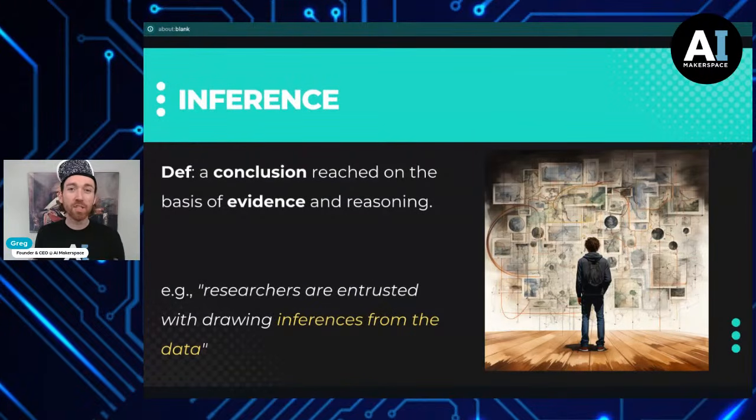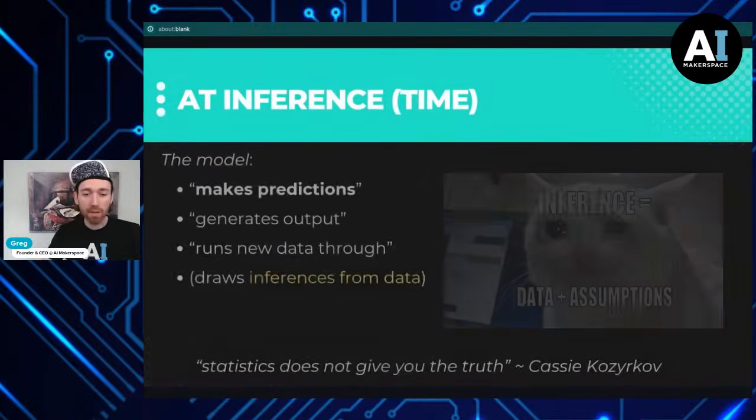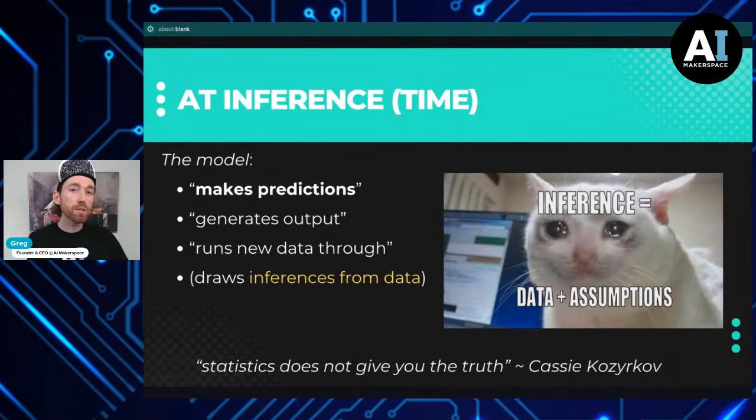This is useful because when we perform inference on a large language model, we're making predictions, we're generating outputs, we're taking new data that we haven't trained the model on, running it through, and as a result, drawing inference from that data.